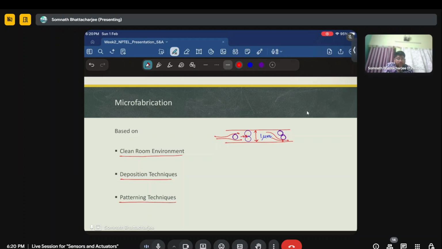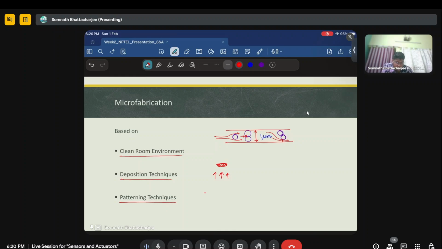Not always will you need a clean thin film of gold or a metal, or let's say a polymer. You need patterned electrodes, patterned devices. Why is it needed? In some systems, if you just want to deposit something, you just evaporate it or sputter it, and there will be a uniform deposition of that material.